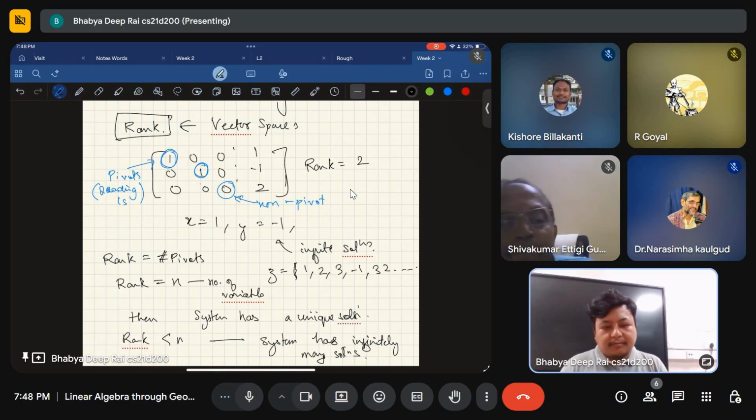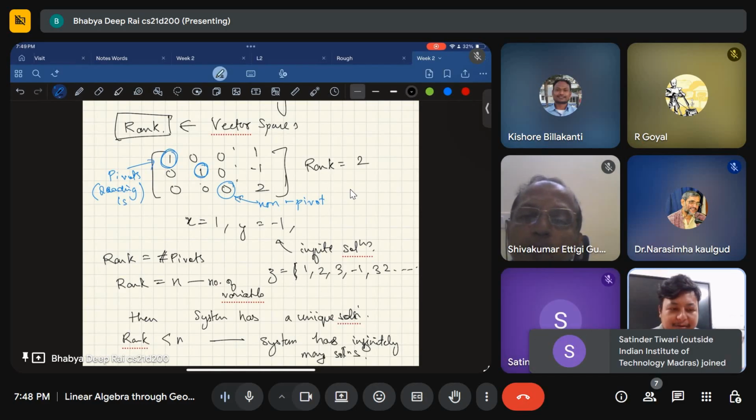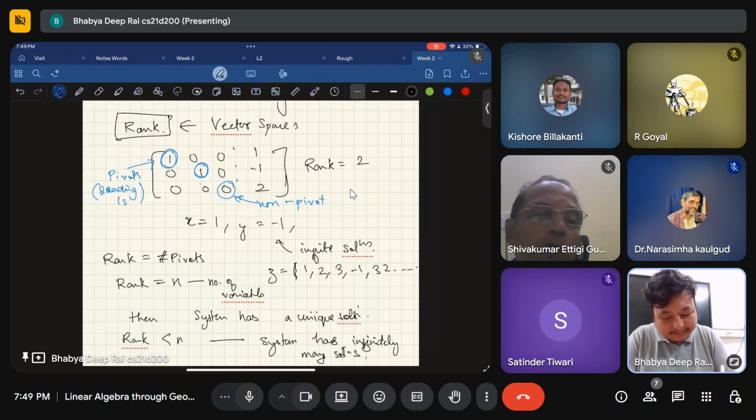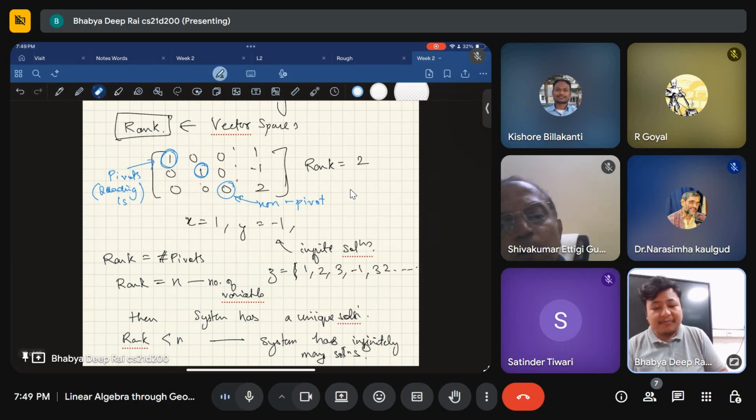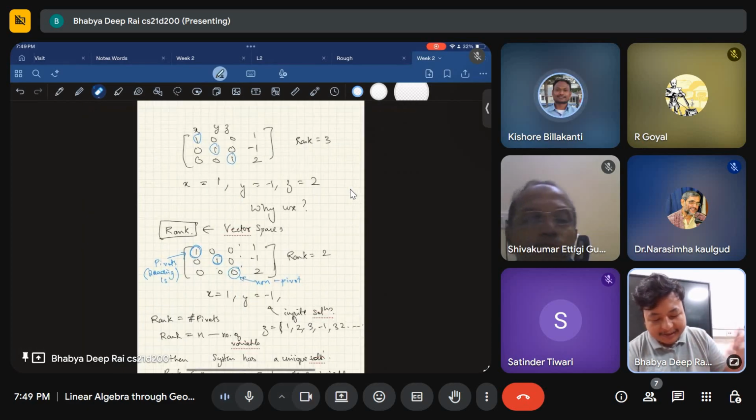You might ask, what about the no solution case? The no solution case is an inconsistency case. You will get something like 0 1 1 0 is equal to 1, and 0 1 1 0 is equal to 2, something like that. That is a no solution case, but rank is very useful in checking whether there is a solution or not. And you'll see that next time.